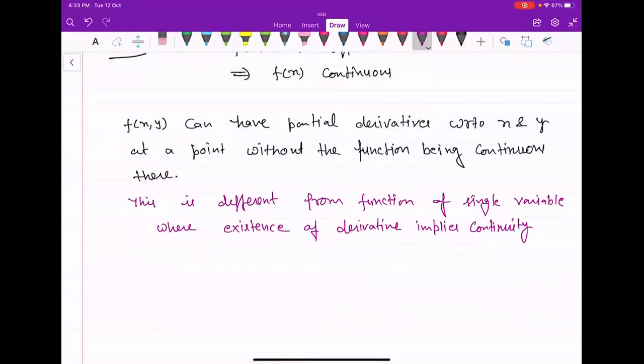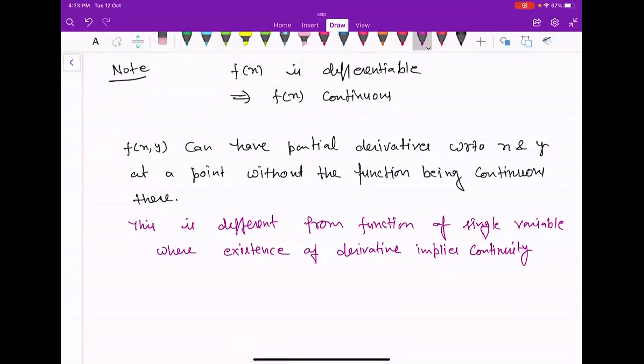So let us do one example based on it, where the partial derivative exists, but the function is not continuous. So this is the case we have discussed here.